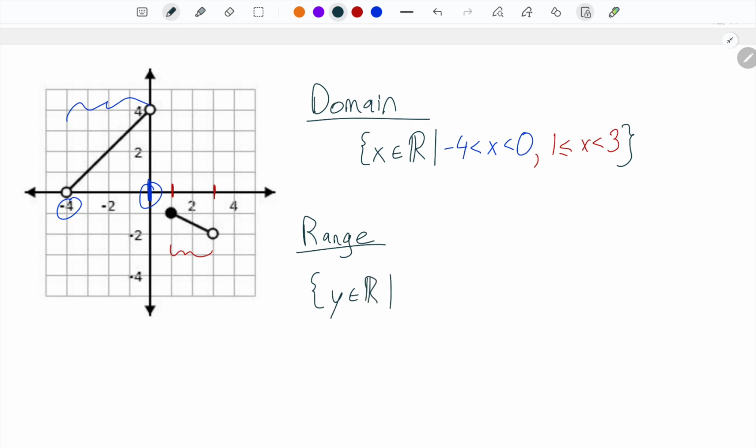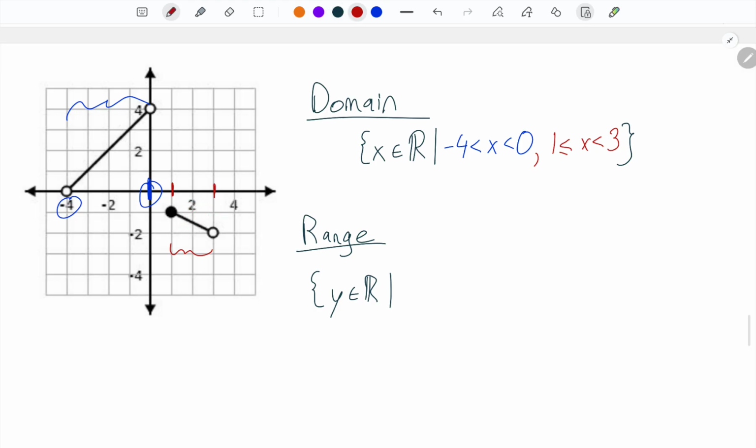If we take a look, I'll start with the red piece. It's lower. I always like to go from least to greatest. And that first piece, we cover from -2 to -1. So we're going from -2. It's not filled in. Just be careful. You're looking now vertically, so you're looking at the y values. So that's not included. But when we get to -1, the filled in dot is included.